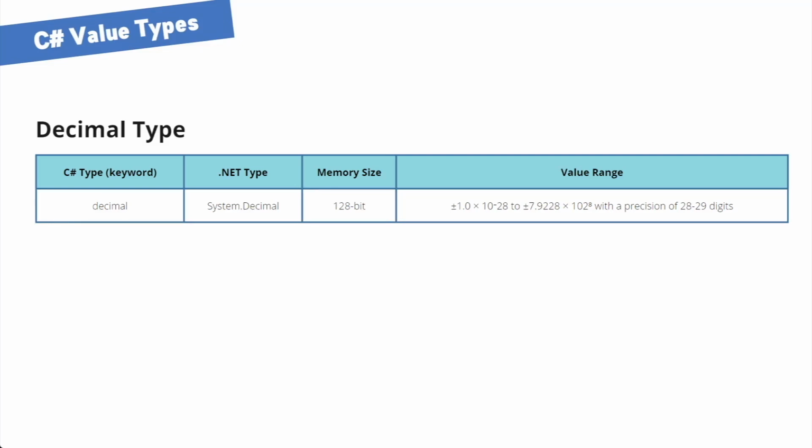The decimal type is another floating point number, but contrary to float and double, decimal can be used for financial and monetary calculations. The type provides a 28-digit precision, which should be enough for most typical applications. Decimal types are stored in a decimal format.